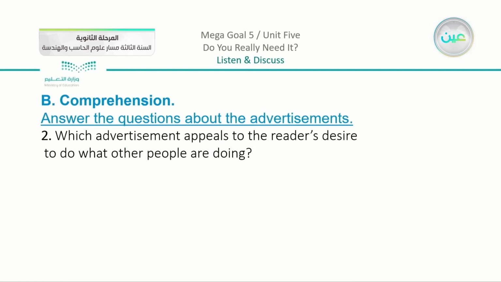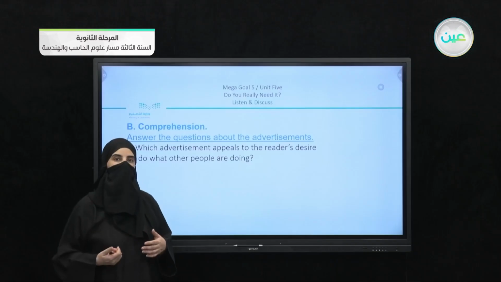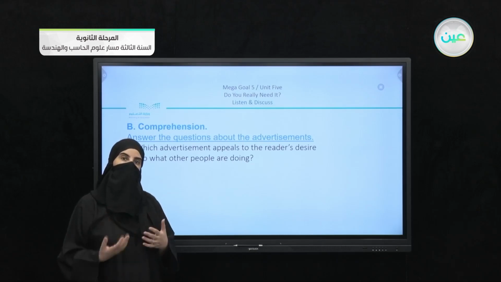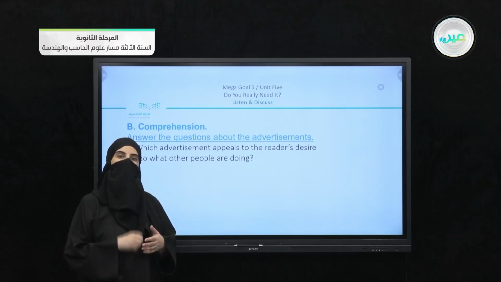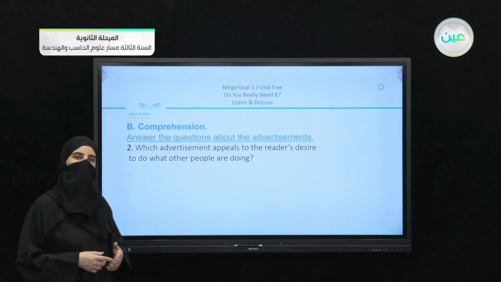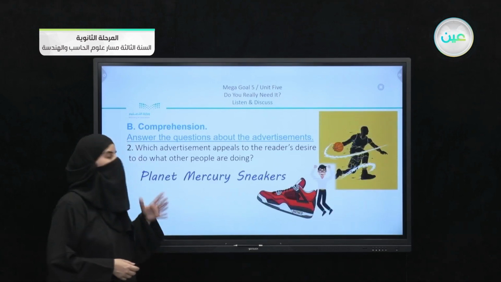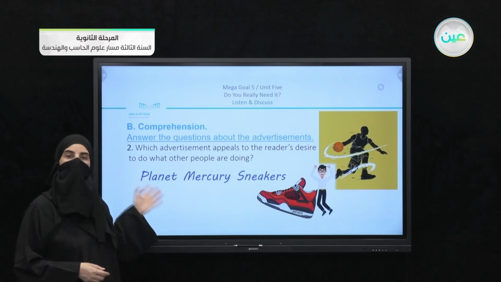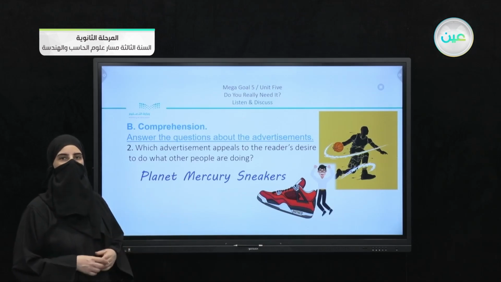Now, remember, which advertisement mentioned another person, and you may have the desire to do the same thing as this person? Which one? If you can remember that we had the advertisement about the sneakers, and we said that this kind of sneakers is the same kind that the NBA stars could wear.